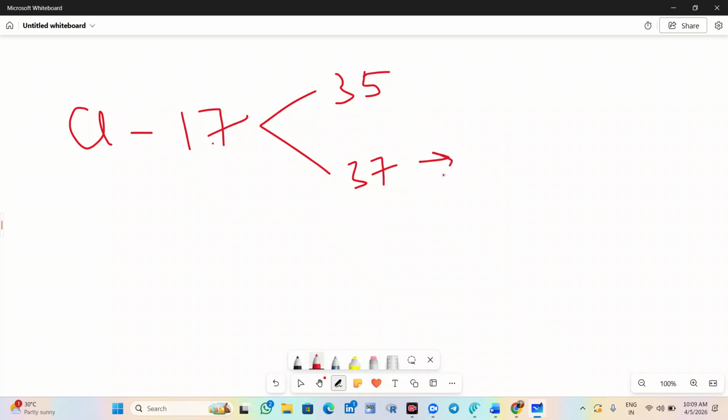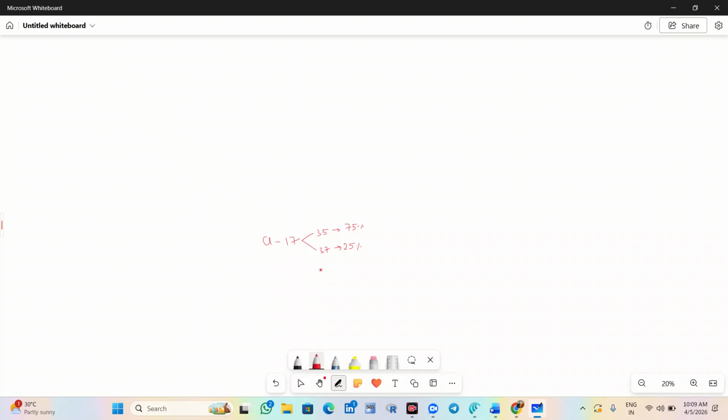The 25% abundance means naturally occurring, and the other chlorine will be 75%. If we take only 35, that will be different, and if we take only 37, that will not be accurate. So for that reason only we calculate the relative atomic mass.